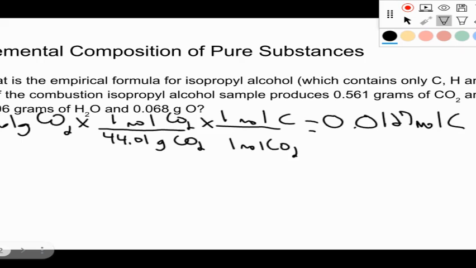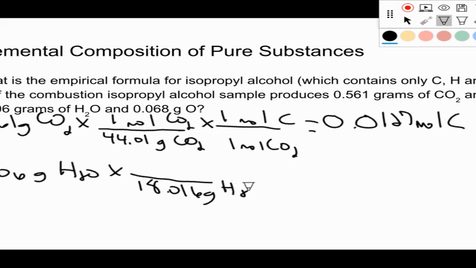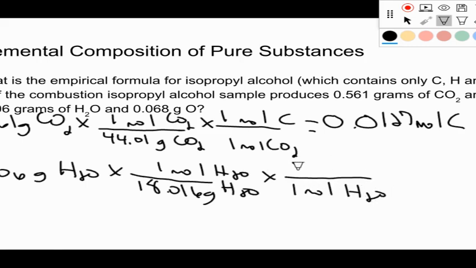So then my next one is my amount of water. I have 0.306 grams of H2O. That one was 18.016 grams of H2O to 1 mole of H2O. 1 mole of H2O is equal to 2 moles of H. So then I'm going to do 0.306 divided by 18.016 times 2.